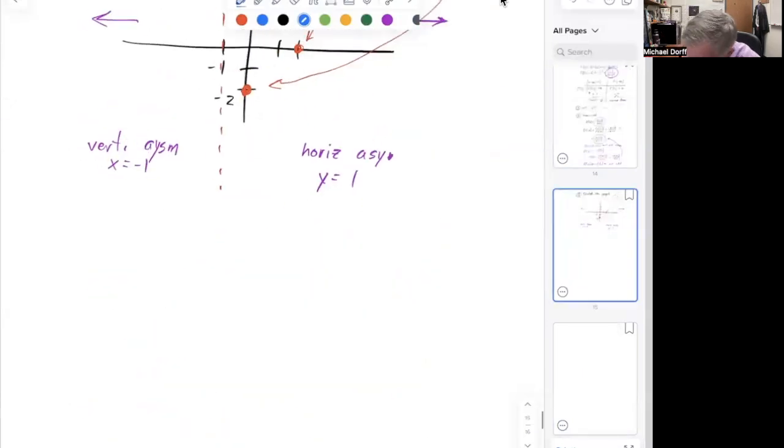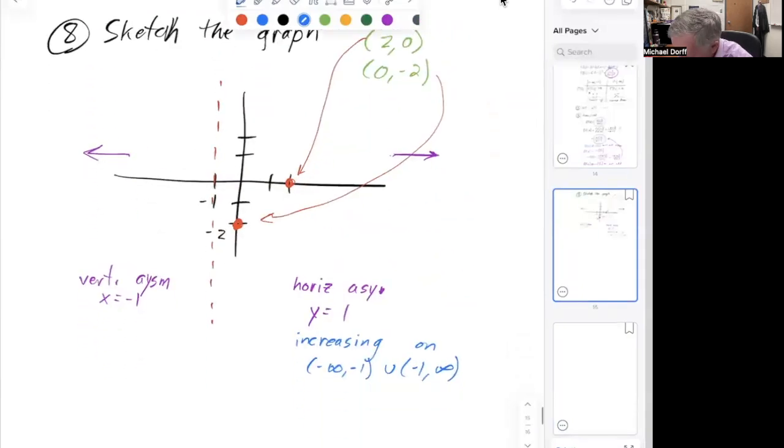All right, so we're increasing on -infinity to -1 and from -1 to infinity here. Okay. Let's see. With the horizontal asymptote, I'm going to draw in a dotted line here to connect these. So we've got that, and we've got this.